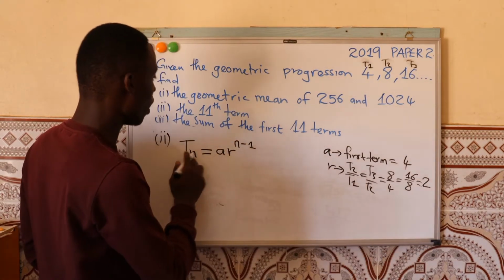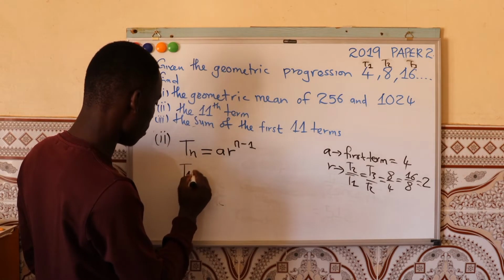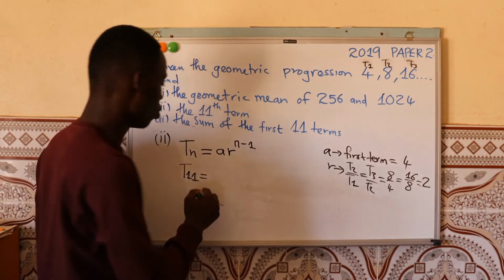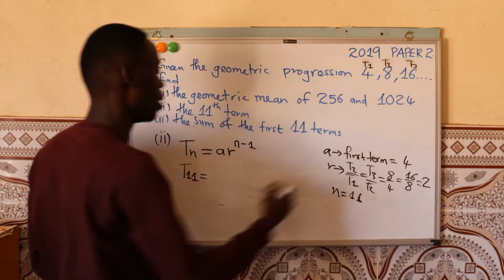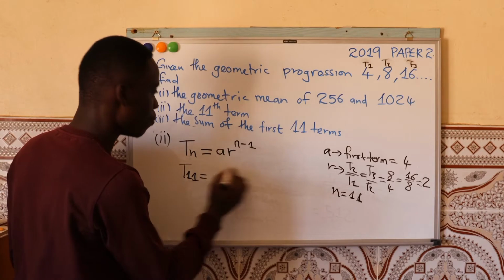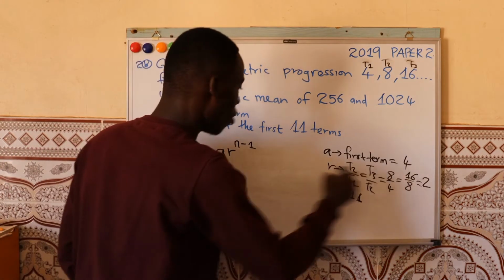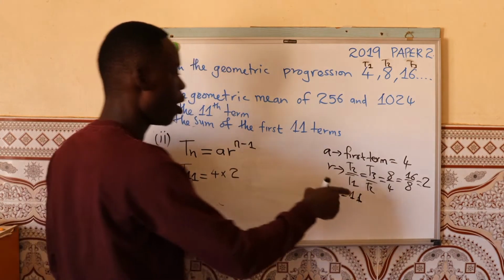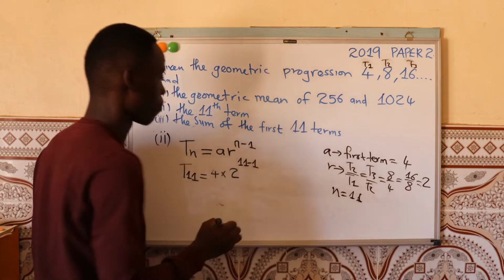Since we're finding the 11th term, our n is equal to 11. So where there's n, we replace with 11. The 11th term is equal to our first term, 4, times our r, which is 2, to the power 11 minus 1.